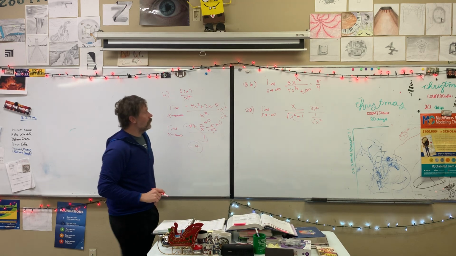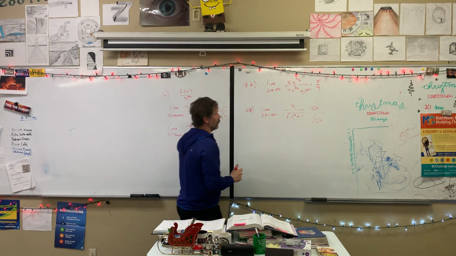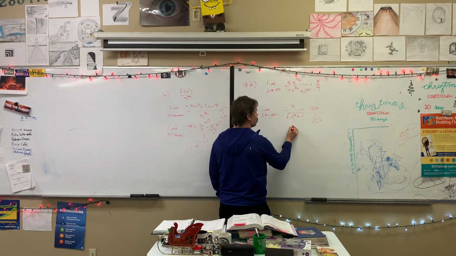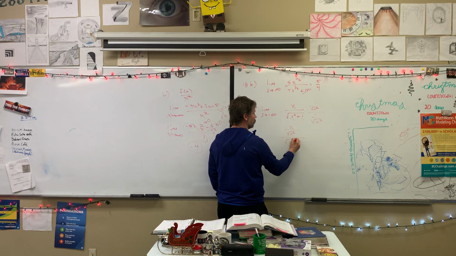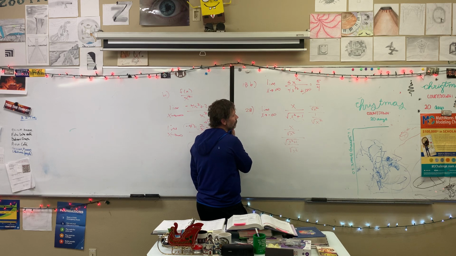So if we take 1 over the square root of x squared into the top, what's the square root of x squared? That's just going to be x. Then we take the square root of x squared plus 1 divided by the square root of x squared, like that.